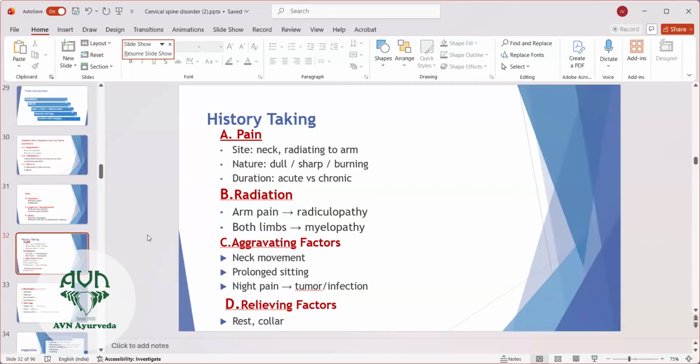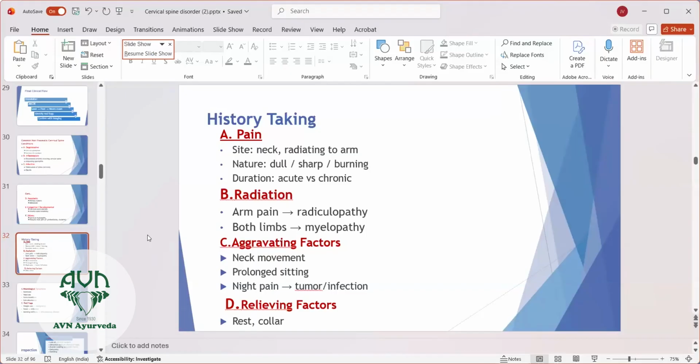While taking the history, first you have to think about the pain of the cervical spine. If the patient complains of pain at the cervical spine, we have to look for the site of pain at the neck, and whether it is radiating to the arm. We have to think about from where it is radiating.